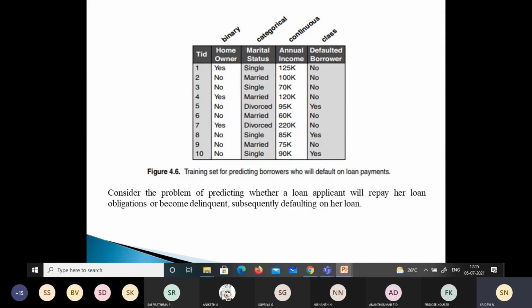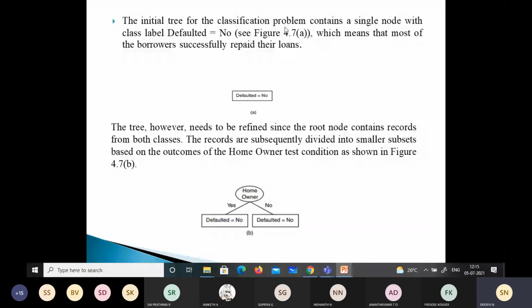The initial tree for this classification problem can contain a single node with the class label defaulted no, which means that most of the borrowers successfully repaid their loans. Yes, the initial tree can have a single node with class label defaulted no.